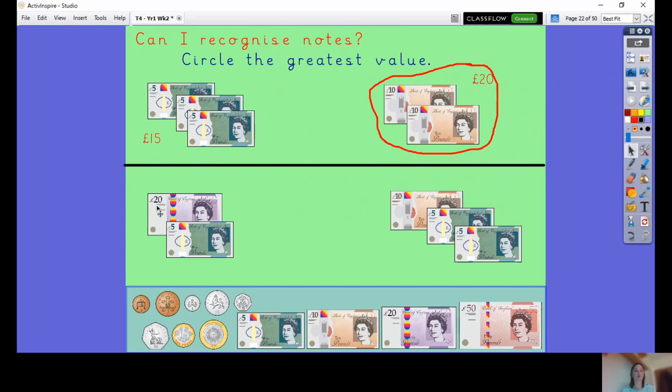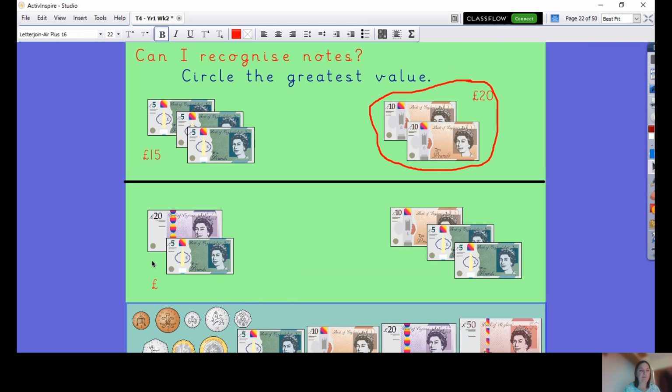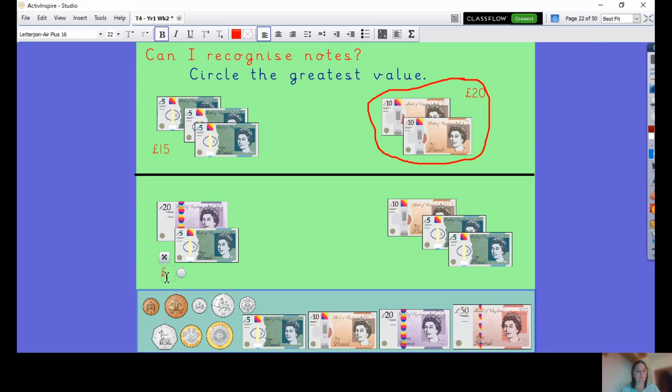So let's have a little look at these ones then. We need to work out here. I've got 20 and 5. What is 20 add 5? 25. So this is £25. And then here I've got 10. Again, I've got more notes, but is this going to be a greater value? I don't know. Let's check. We've got 10, and we've got 5 and 5, so we can remember our doubles.